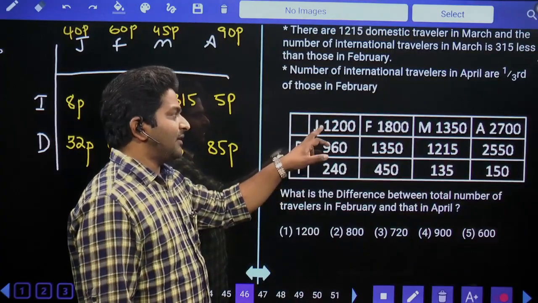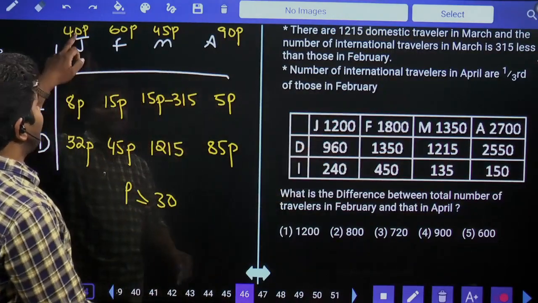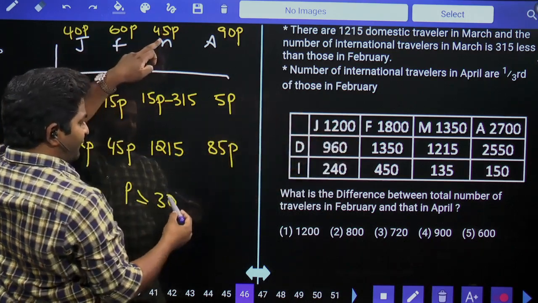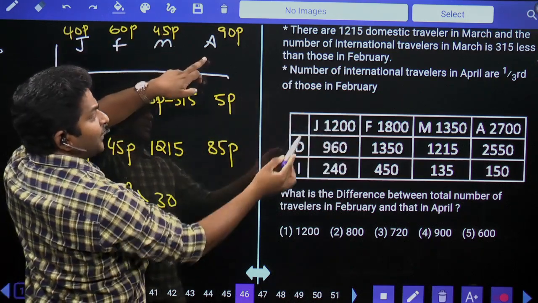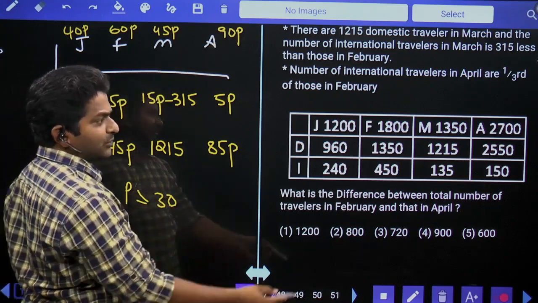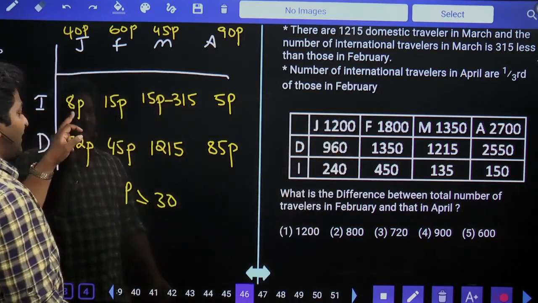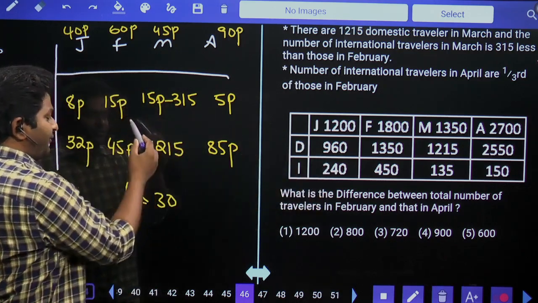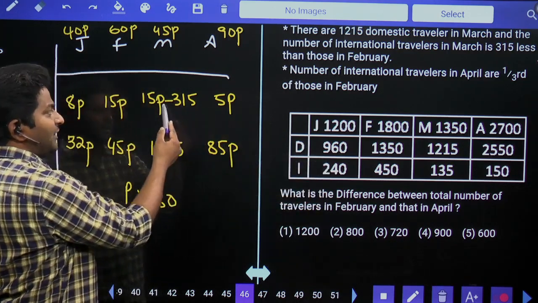Domestic, international, January: we have 1200, 40 into 30 is 1200; 60 into 30, 1800; 45 into 30, 1350; 90 into 30, 2700; 8 into 30, 240. International, 15 30s is 450.